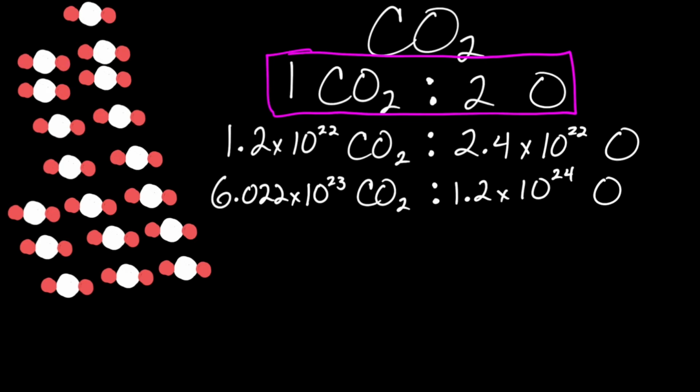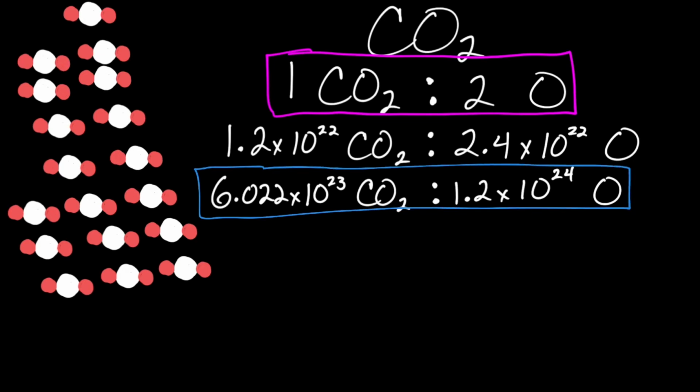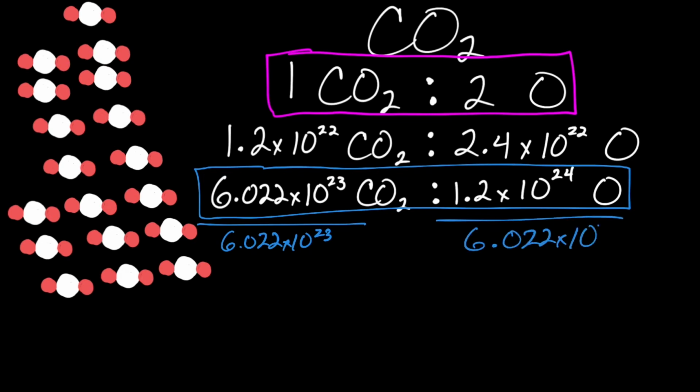So in other words, if I took each of these numbers here that I've outlined in blue, and I divided them by 6.022 times 10 to the 23rd, to change my units from molecules of CO2 to moles of CO2, or atoms of oxygen to moles of oxygen, I would get a 1-to-2 ratio in terms of moles.